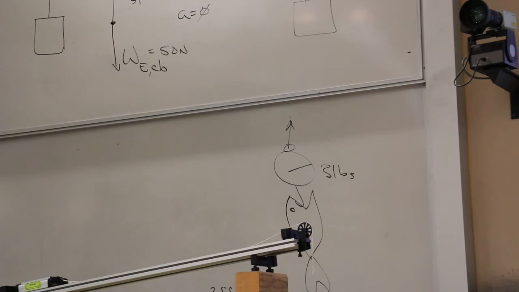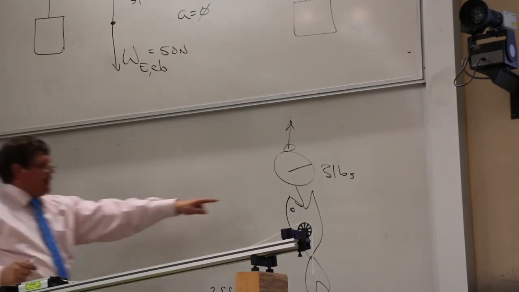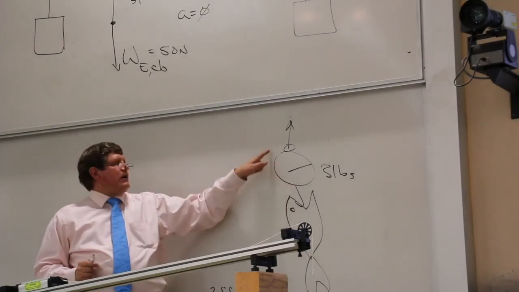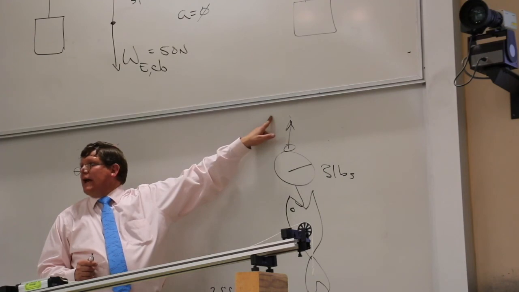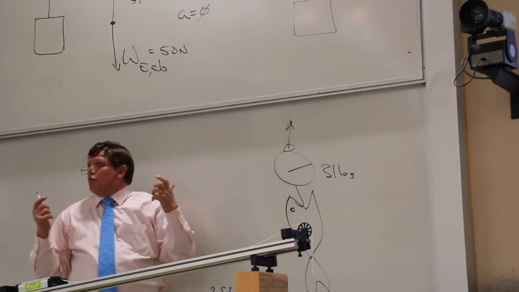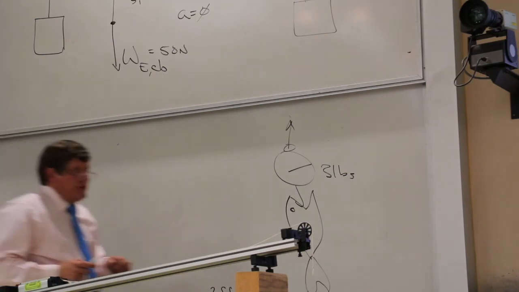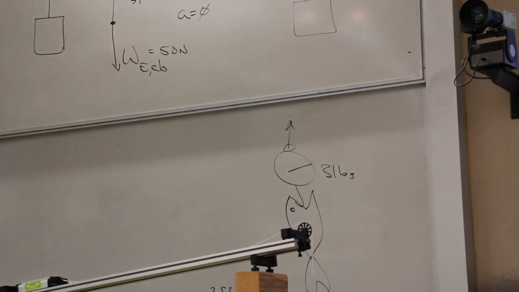In order to hold that scale up, I've got to pull up on the scale with 3 pounds while the fish is pulling down with 3 pounds. But the reading on the scale is just how hard we pull on this hook, not how hard you're pulling up on the handle. And so the reading on the scale would be 3 pounds.